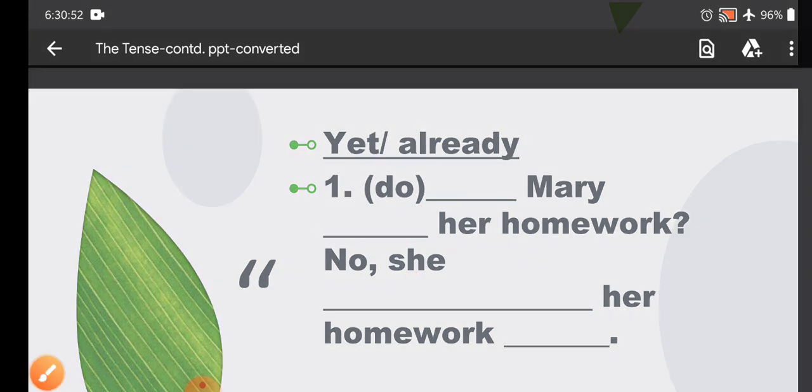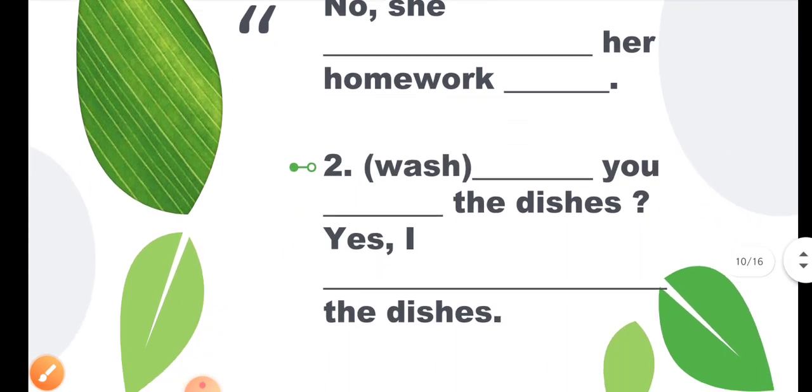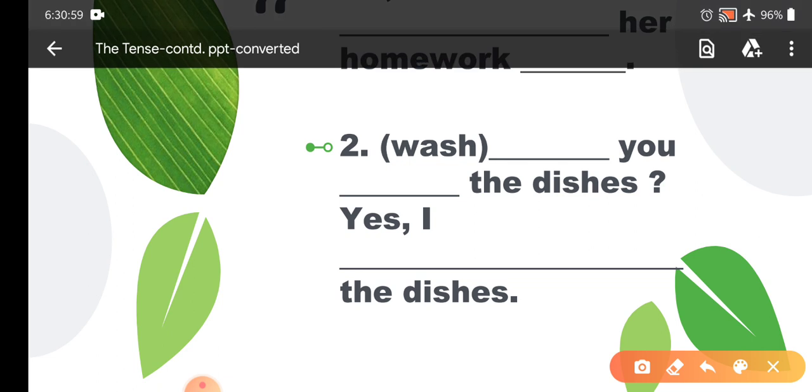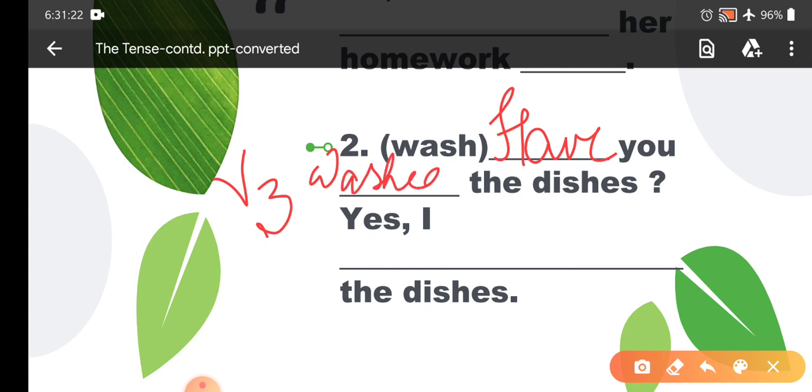But to get better understanding, we will do one more sentence related to this. Again, wash is a regular verb, so its V3 form will be washed, which you all know. So what is the question? Dash you dash the dishes. We are asking, have you washed the dishes?